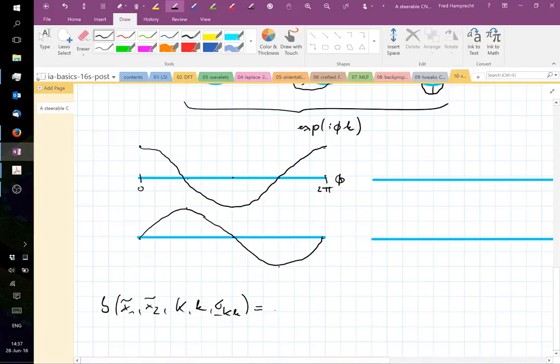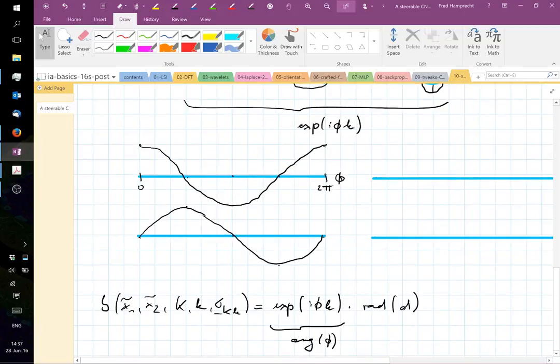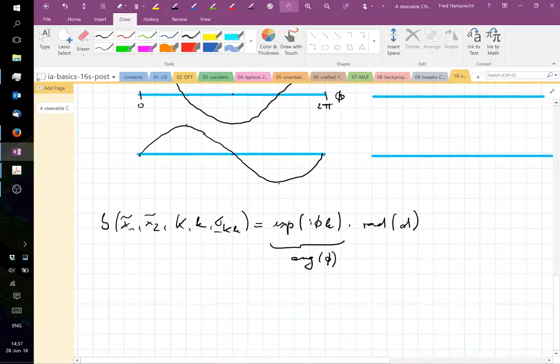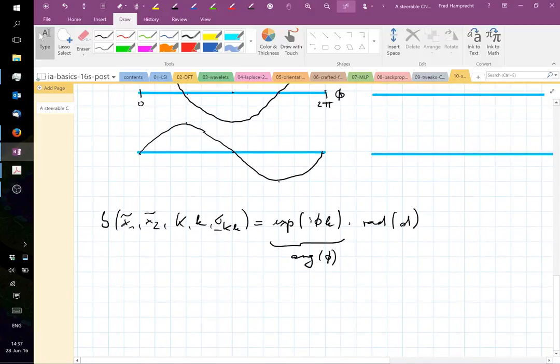I'm defining this as the angular dependence. So this is what I previously called ang of phi. Now I'm multiplying this with some radial part, rad of d, and for the radial part, I can now make an arbitrary choice.